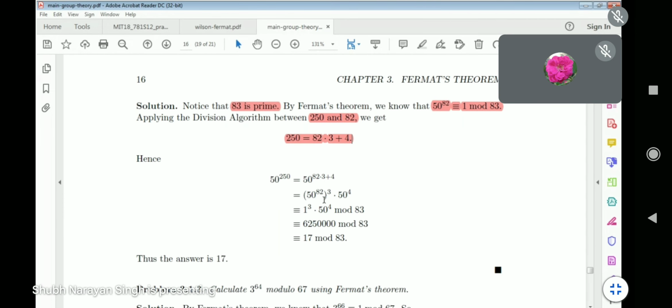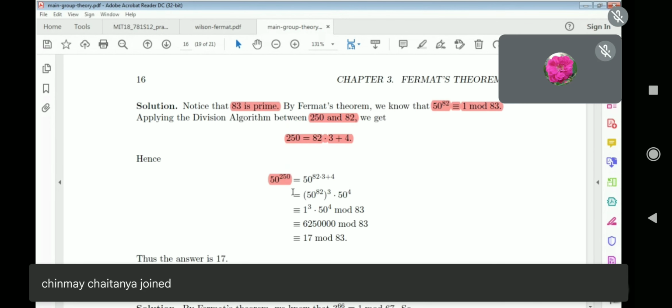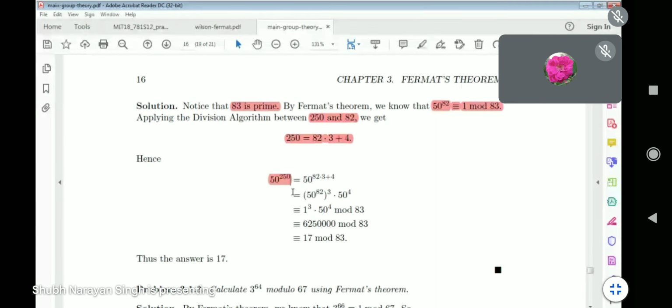Our ultimate goal is to find the remainder when 50 power 250 is divided by 83. So 50 power 250 can be written in this way, because 250 can be written as 82 times 3 plus 4.